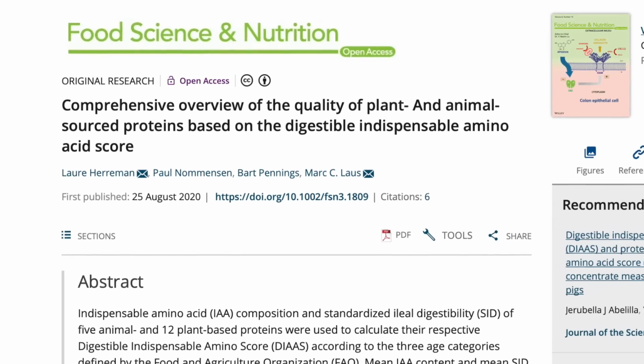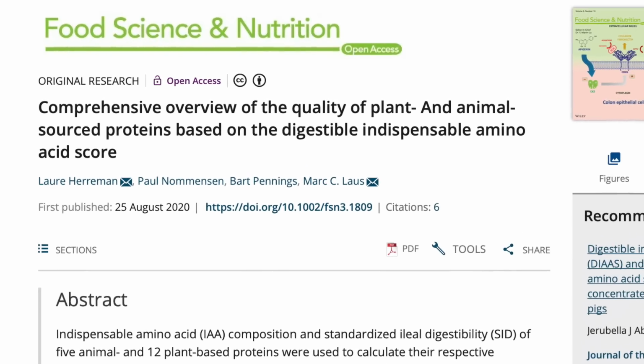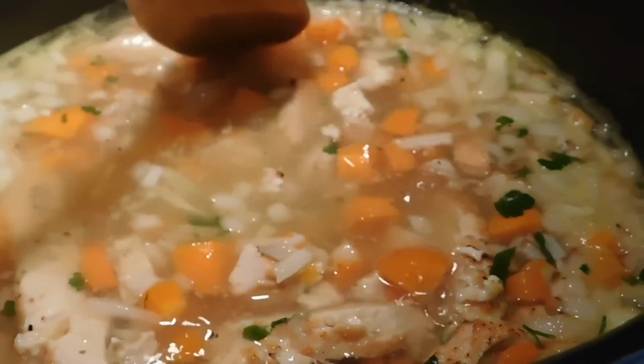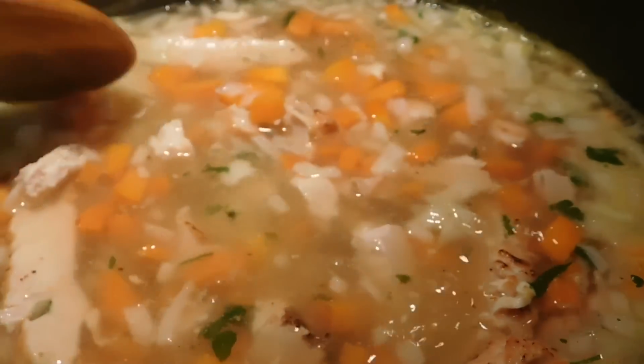The biggest drawback we have with all of these scores right now, particularly DIAAS, is understanding the digestibility coefficient. And so when we eat, as you say, mixed foods, if we've got the beans and the rice, or what's the food prep method, et cetera? Do you boil them? Do you steam them? All these kinds of things. We don't know the answers to those questions. And so I think people are making reasonable assumptions at this point.